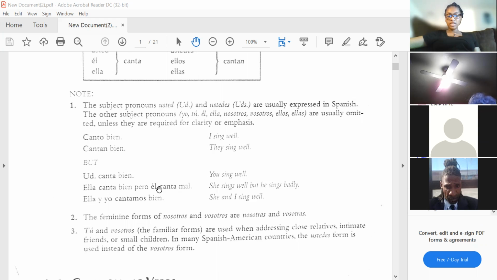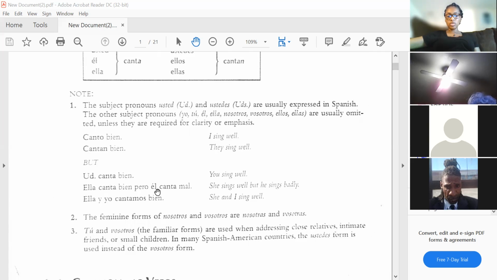But if you want to be specific, as you can see up here, canta can be for you formal, it can represent he, or it can represent she. So if you're saying you formal, it would be usted canta bien, or referring to a female, you would say ella canta bien, pero él canta mal.